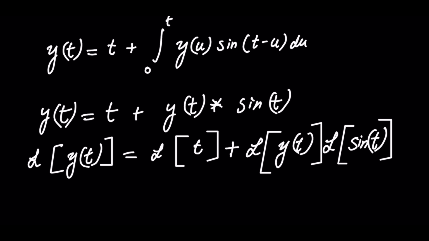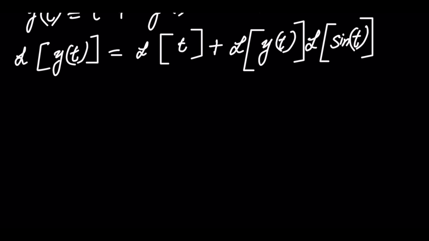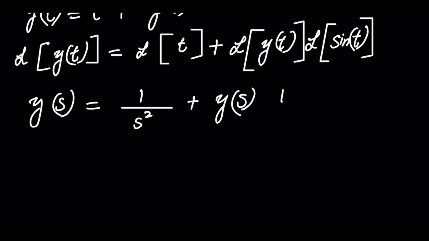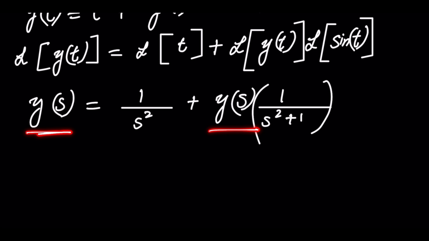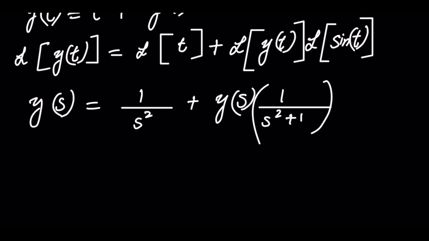Now we are going to find the Laplace of y of t and sine of t individually. So let's do that. Now we can see that y of s is common here and here. So we'll be taking it towards the left-hand side of the equation and simplifying it.